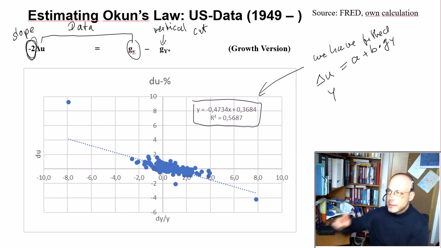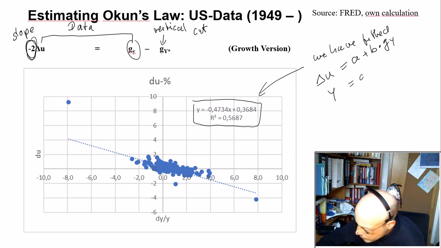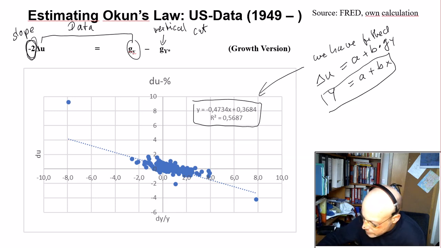So y equals a plus bx. So this number is our minus 0.4. No, this is 0.36.